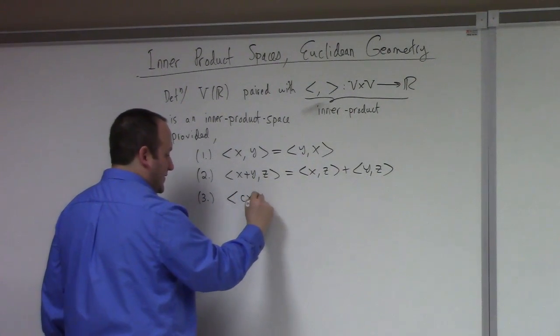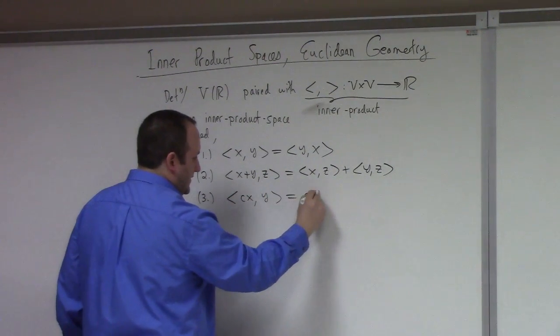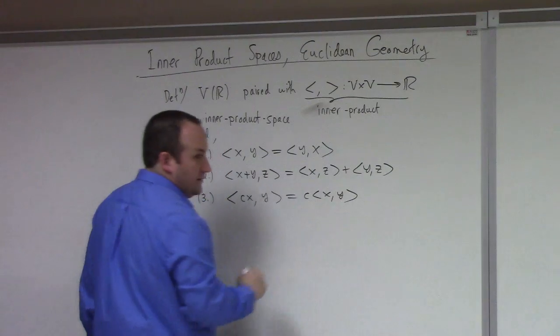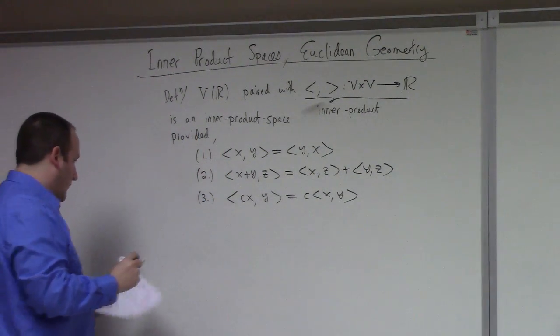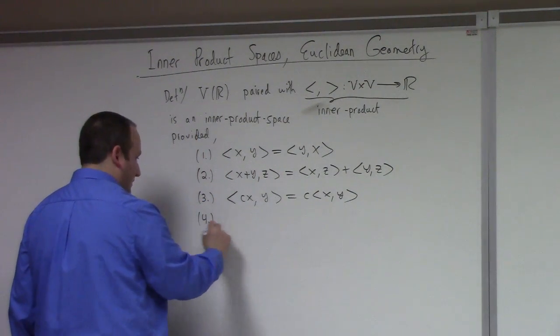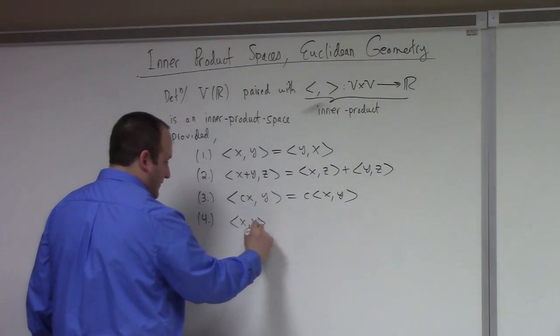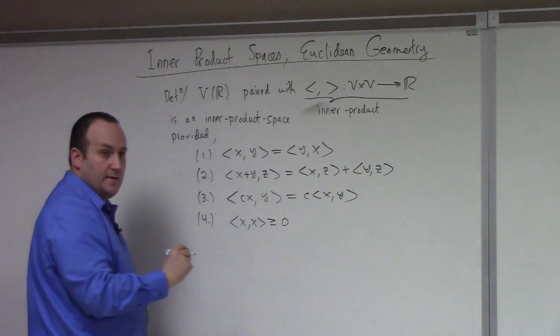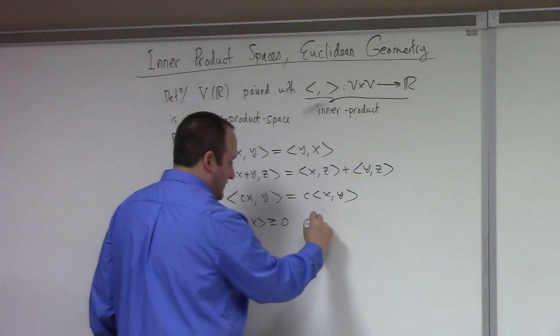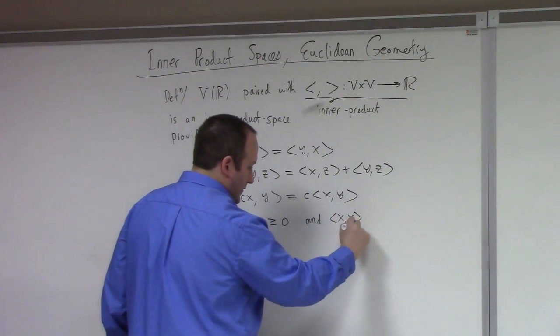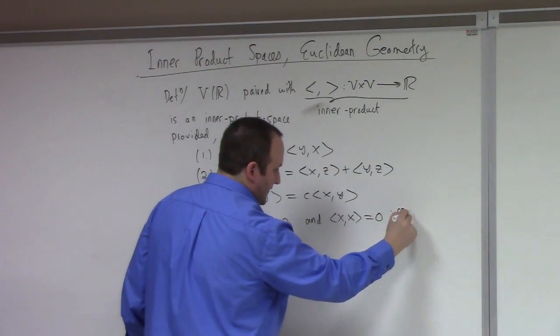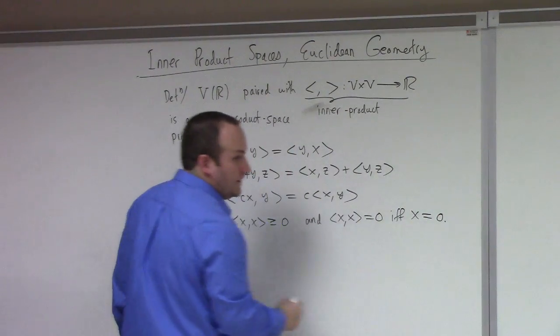So if I have cx, y, I get c times the bracket of x, y. 4, I need that the bracket of x with itself is greater than or equal to 0, and it's 0 if and only if x is in fact 0.